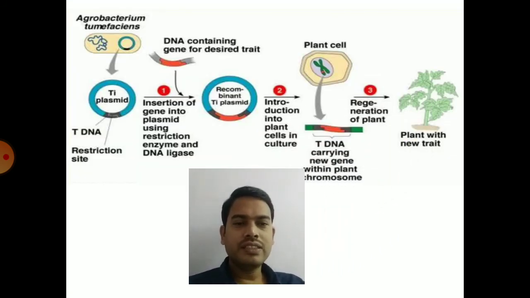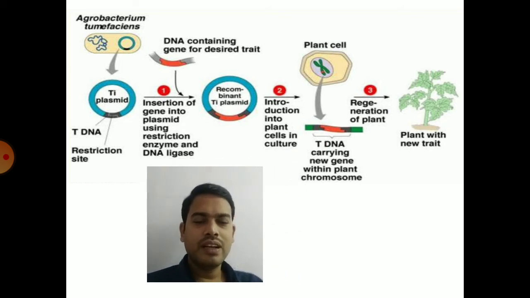So the next one is the Ti plasmid. You have an idea about Bt cotton, Bacillus thuringiensis. Bacillus thuringiensis generally has some cry genes.